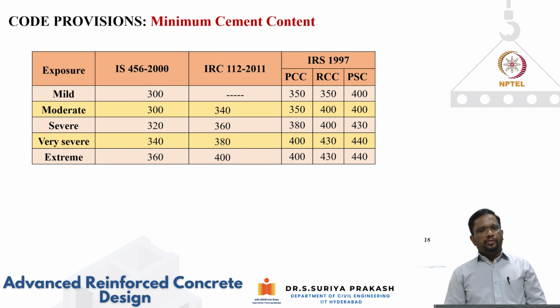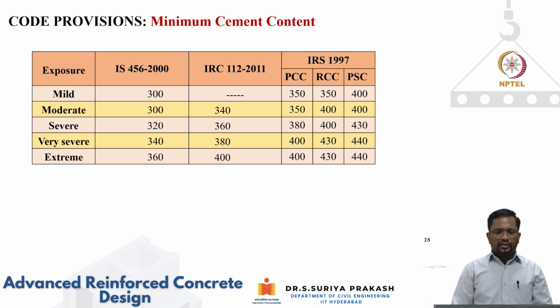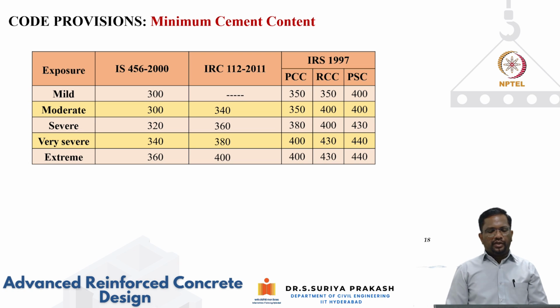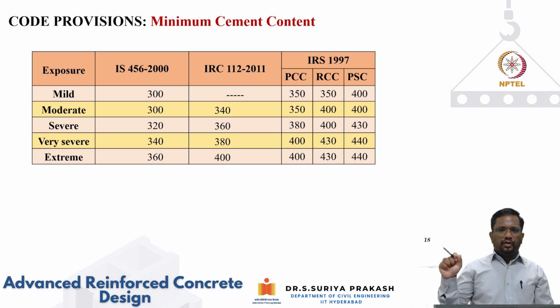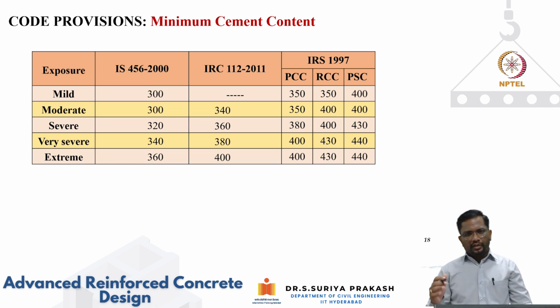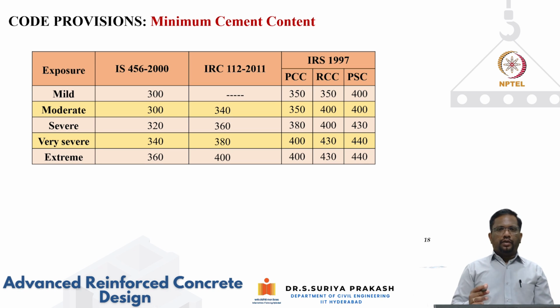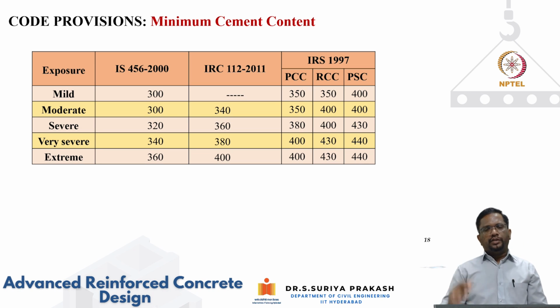Now, in terms of minimum cement content, this is one way of ensuring that once you keep a cap on your water cement ratio, you're also ensuring the minimum cement content. What the code is saying is that if your water cement ratio is kept constant, then if you start increasing your cement content, it is expected to give higher strength.